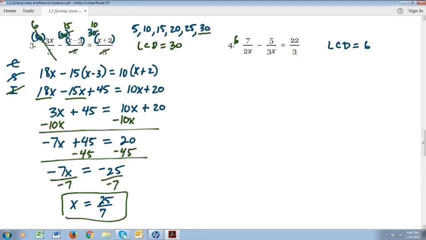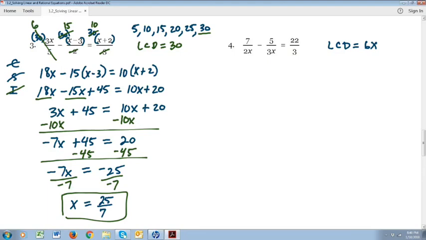So I'm going to need to include any algebraic factor that shows up in the denominator. So I do need to include the x here. So my LCD is 6x.